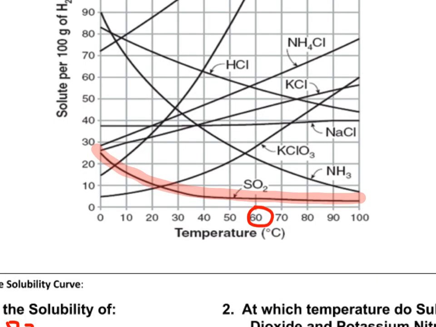So all I need to do is find where 60 degrees and the line for sulfur dioxide meet. Let me try to draw a better point here. All right, so this is where 60 degrees meets sulfur dioxide, and if I follow this line all the way to the y-axis, and my line is not very straight, let me try that again.